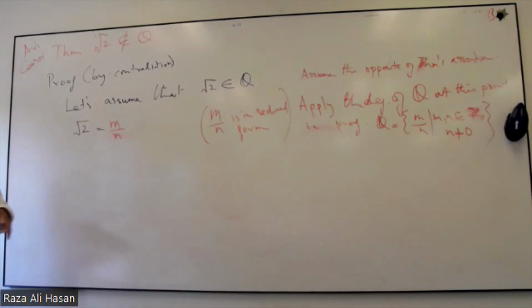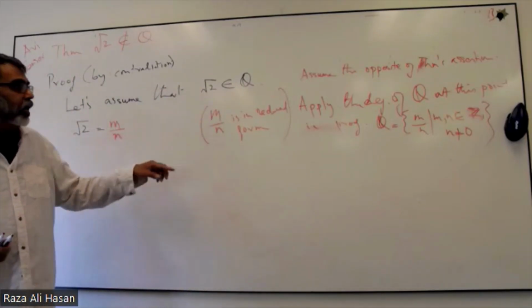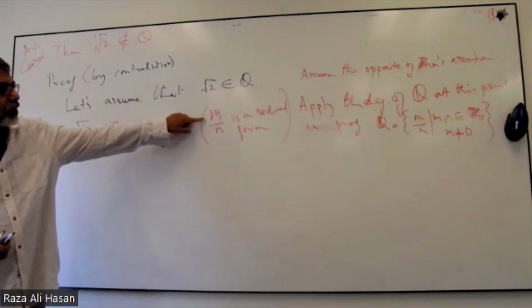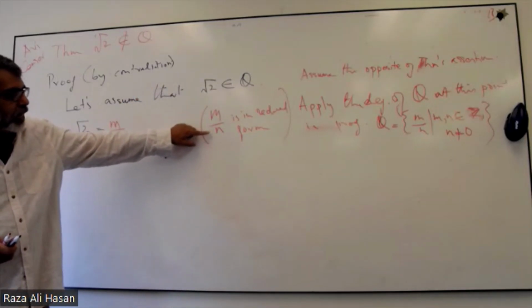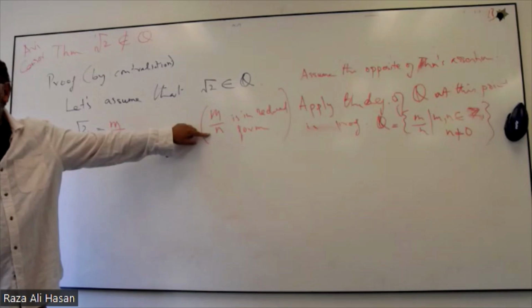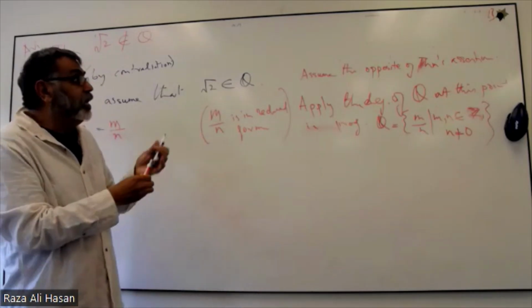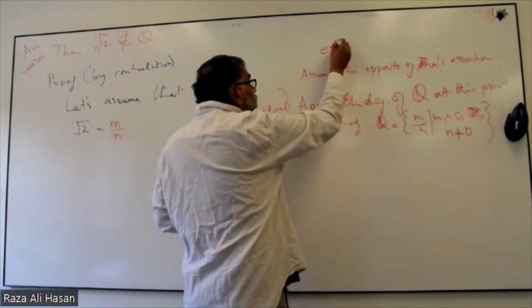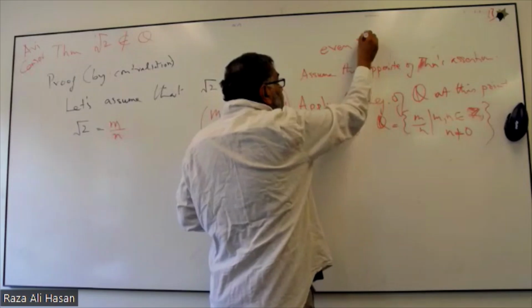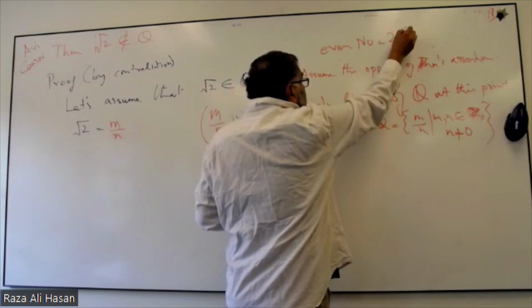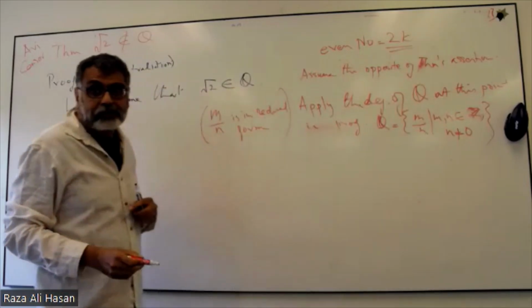Okay, so if we keep going and we find out that both m and n are even, that means we can take 2 out, because every even number is of this form. There's always a 2 lurking in it.